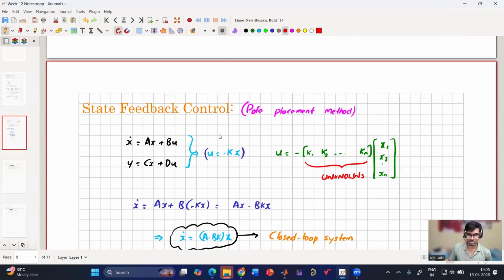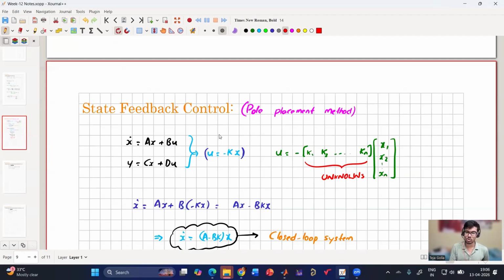So in that case, you will have an observer which will try to estimate the states, and then you also have the controller which will use the estimated states as feedback and feed an input back to the system. So that will have the controller dynamics as well as the observer dynamics. In such a case, the observer has to work faster than the controller because it is giving the data to the controller.